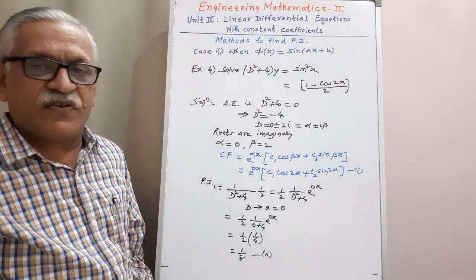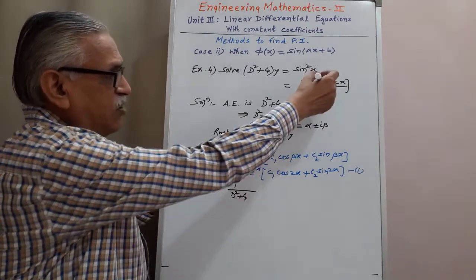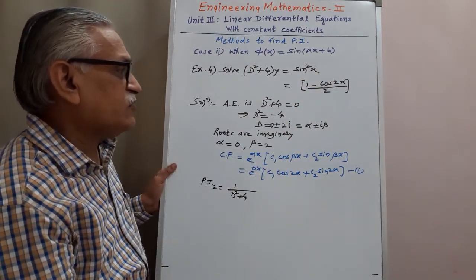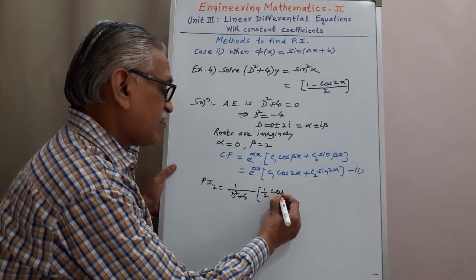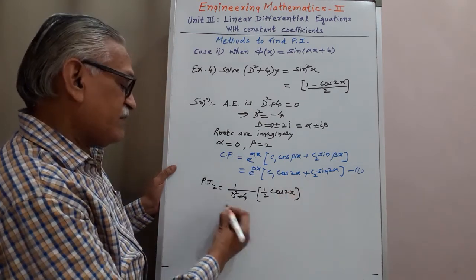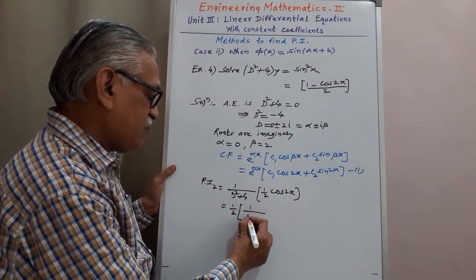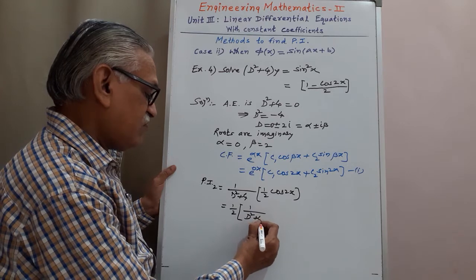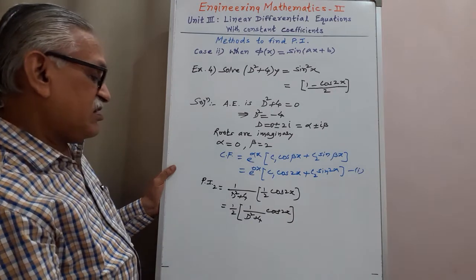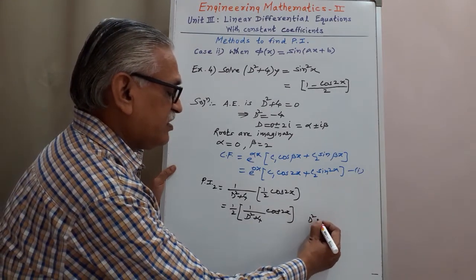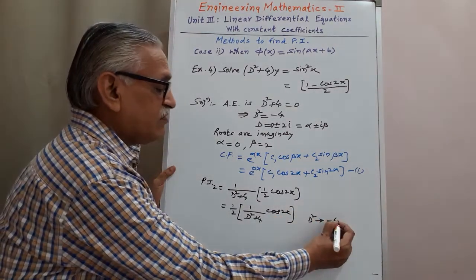First PI or PI1. Then we find out PI2. 1 upon D square plus 4 operated on that minus 1 by 2 into cos of 2x. Again 1 by 2 constant we can take outside. 1 upon D square plus 4, which we have to operate on cos of 2x. Then using the rule, D square replaced by minus a square, a is here 2, 2 square 4.